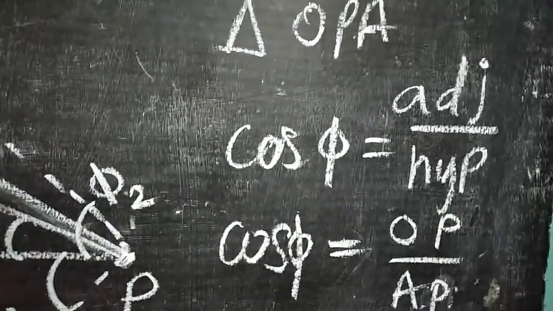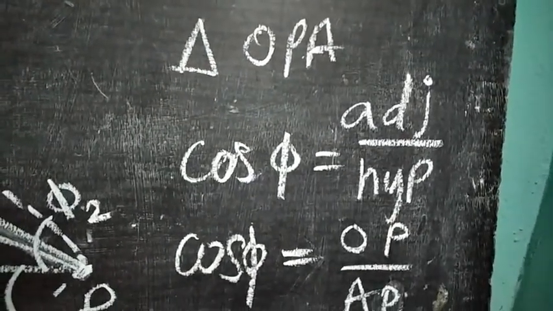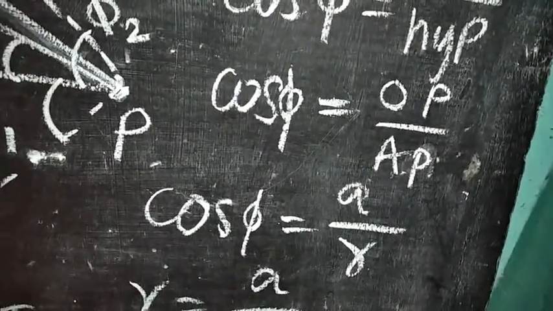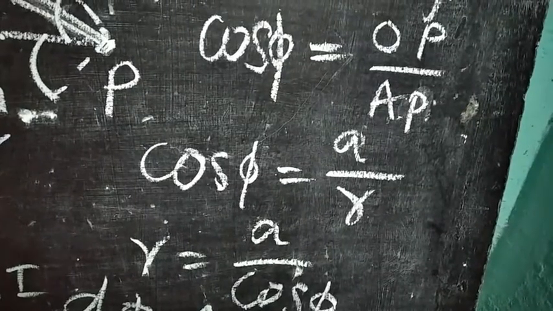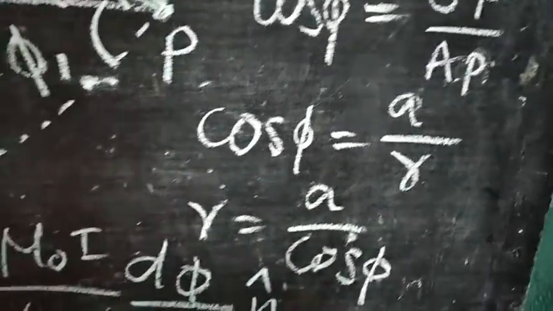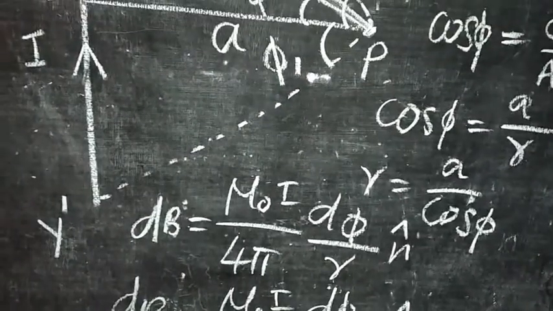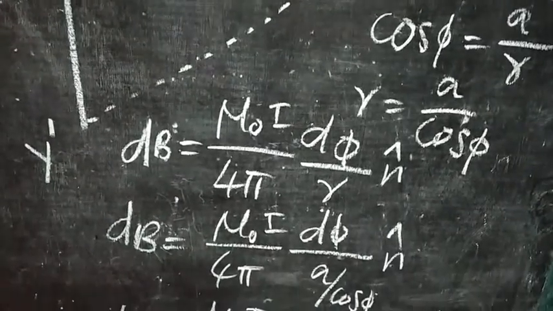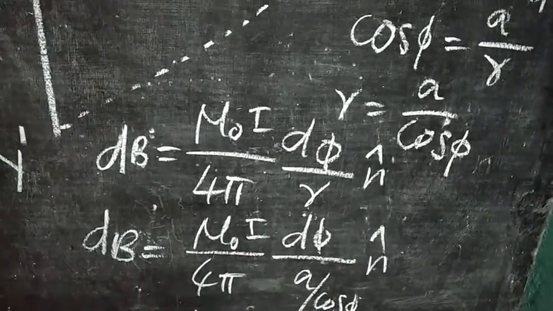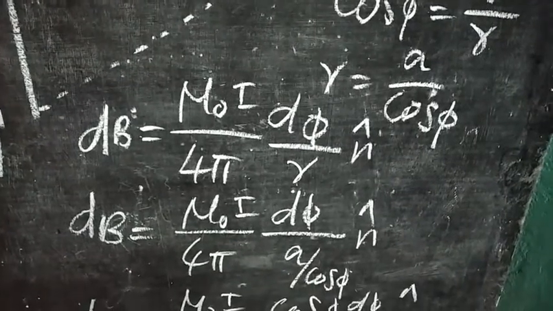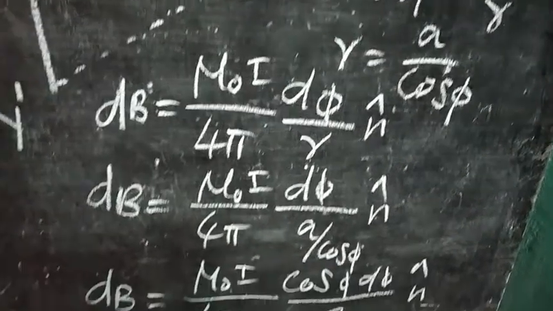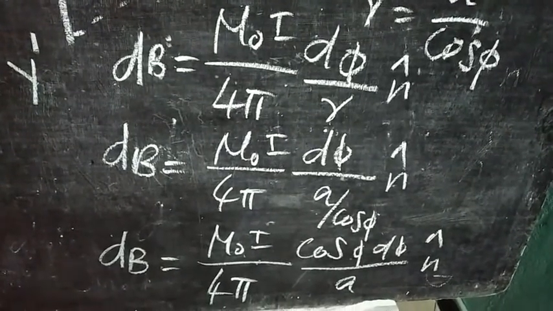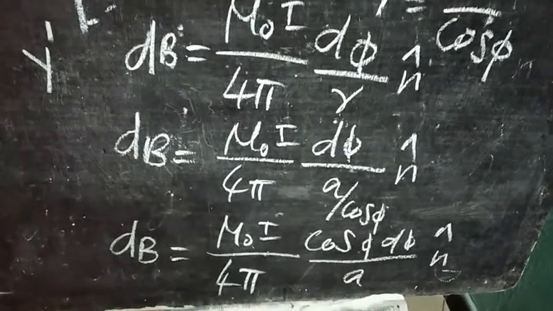So cos phi equals a by r, and r equals a by cos phi. Substitute the r value in this equation: dB equals mu naught I by 4 pi, d phi by r, with r equal to a by cos phi, n cap. Next we obtain dB equals mu naught I by 4 pi, cos phi d phi by a, n cap.